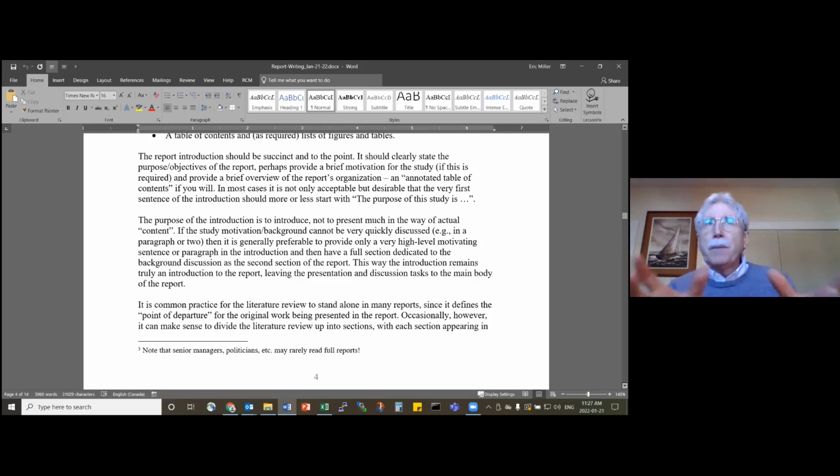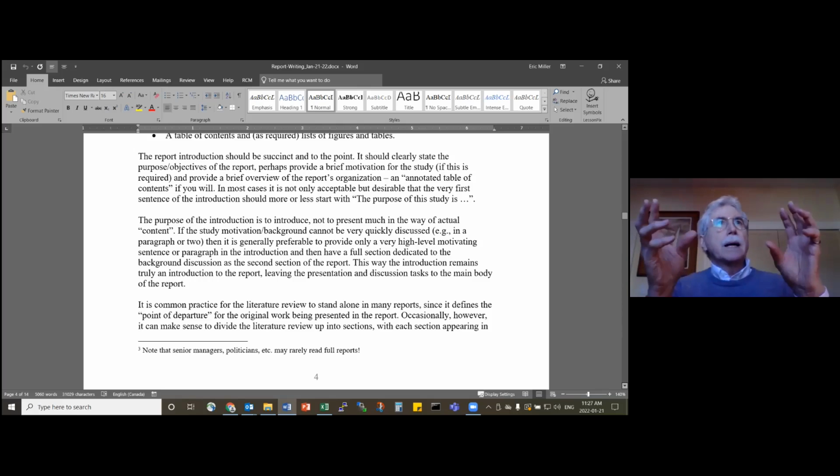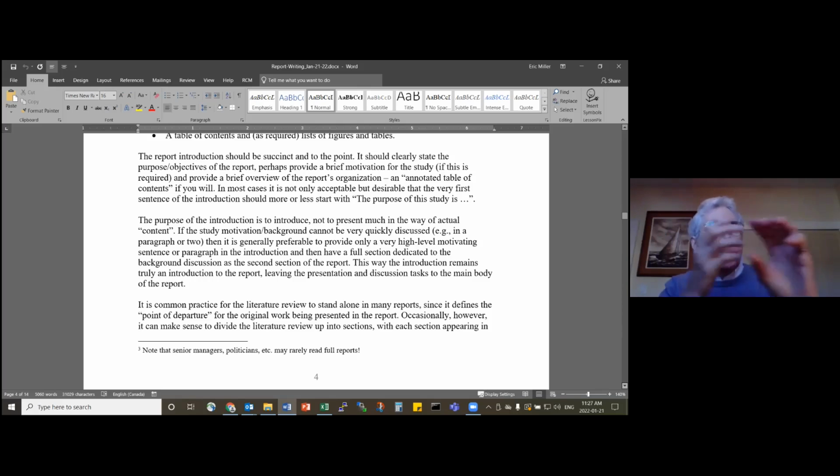So maybe you have a paragraph or two introducing the topic and its objectives, and then again, very common in a report or thesis: the remainder of the thesis or the report is organized this way. Chapter 2 will deal with this. Chapter 3 will deal with this. Chapter 4. So it's almost like, in words, the table of contents, just in one paragraph. So again, the reader has a clear sense of how it's organized as we go forward.